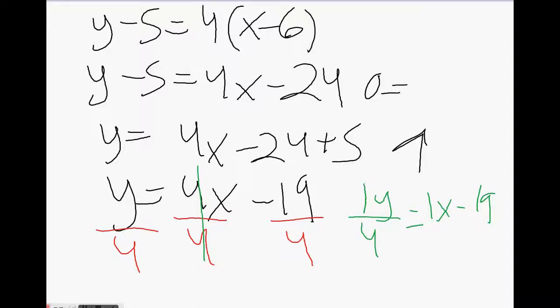So then we're left with 0 equals 1x minus 1/4 y, that's the same thing as 1y over 4, minus 19. Alright, so that is it in general linear equation. Stupid, but done.